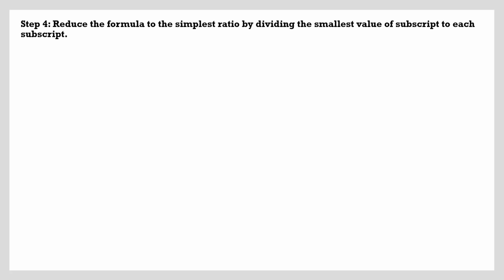For step 4, we reduce the formula to the simplest ratio to get the empirical formula. The smallest value of the subscripts is 2.22, so the subscripts will all be divided by 2.22.